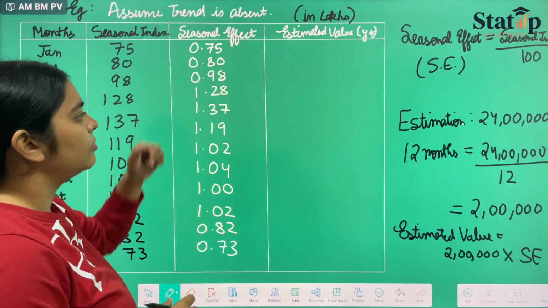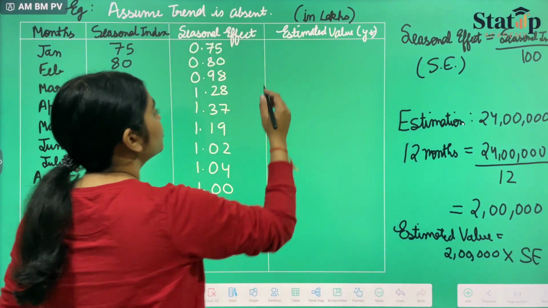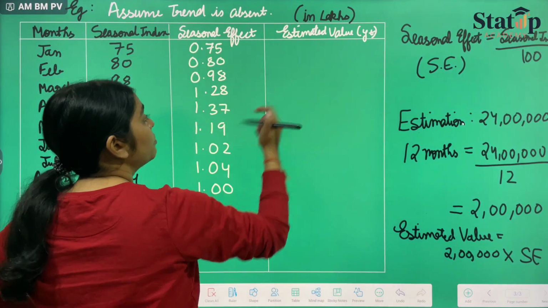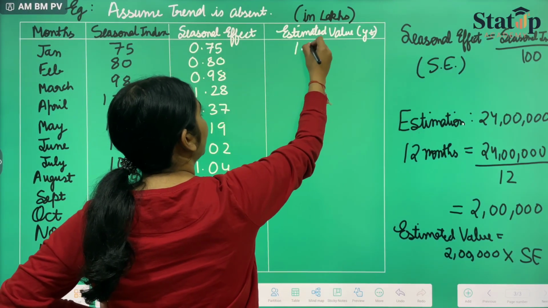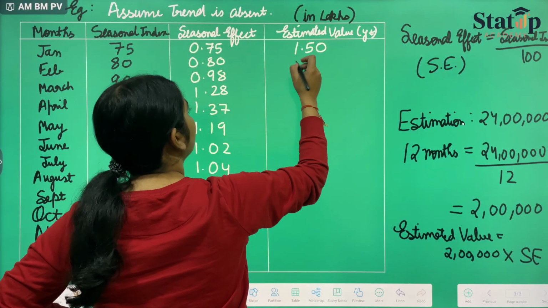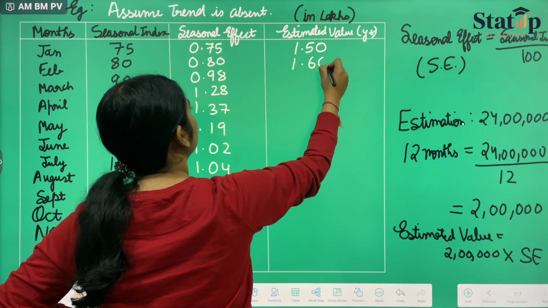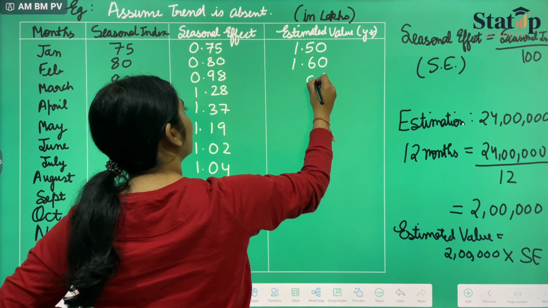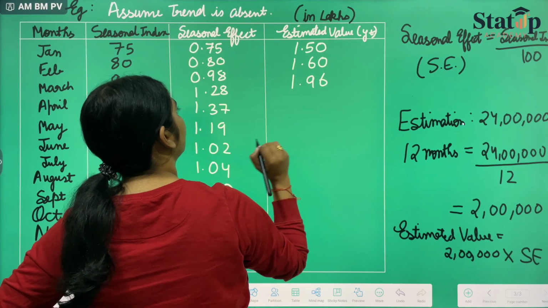So in the first value, I'm multiplying it by 2. So 2 multiplied by 0.75 would be 1.50. Then it would be 1.60. Then it would be 1.96.